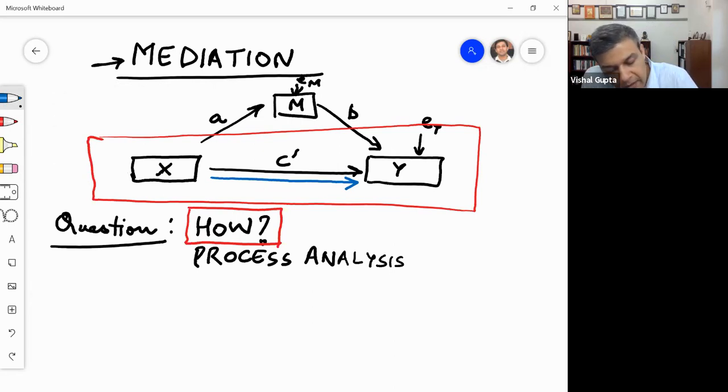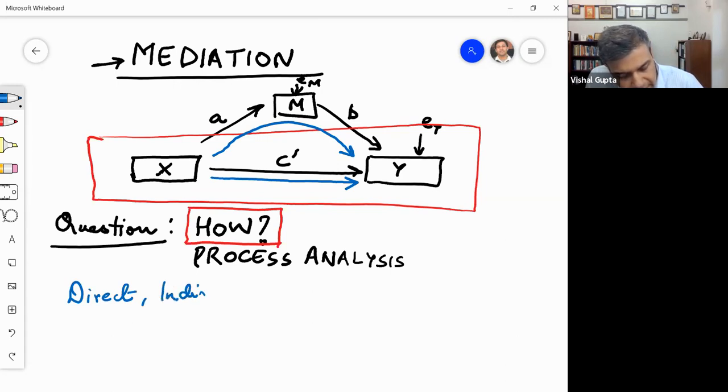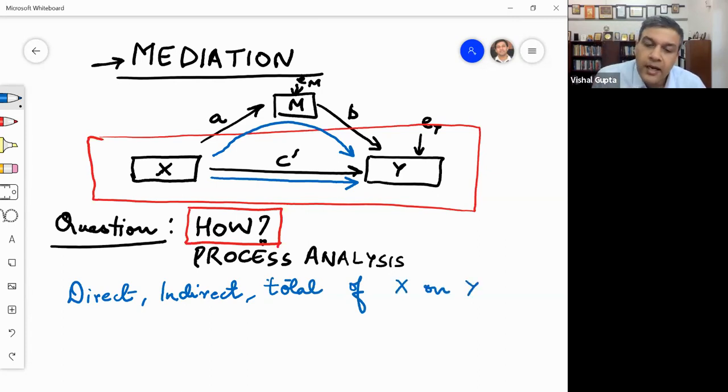And then x also impacts y via the mediator, and in the terminology, this is called the indirect effect. So whenever you do mediation, you always talk about a direct effect, an indirect effect, and then a total effect of x on y. That is the kind of analysis that you can now do.